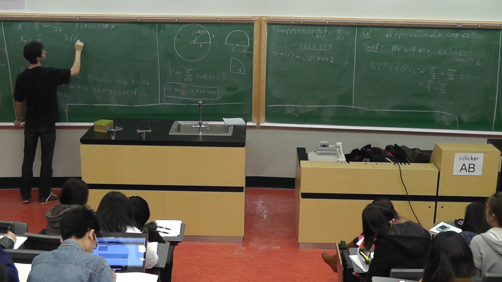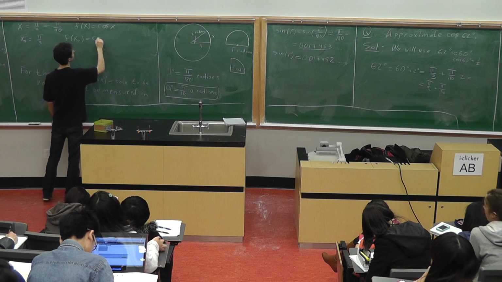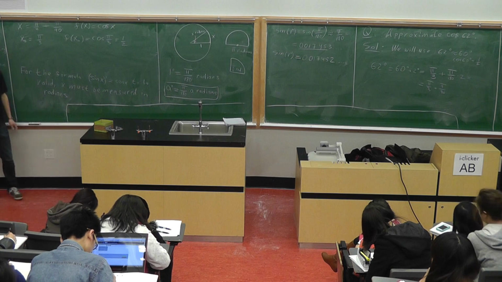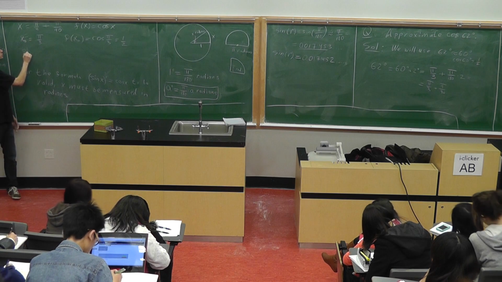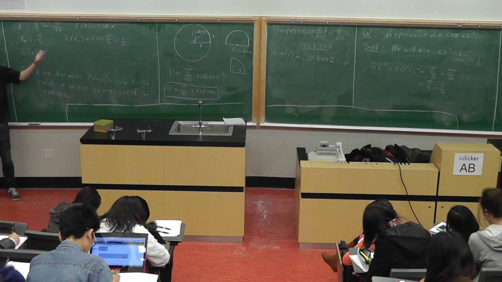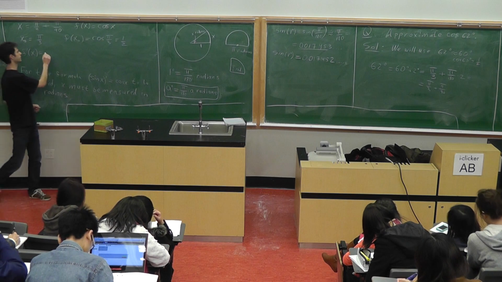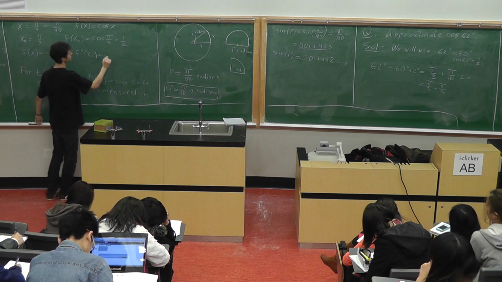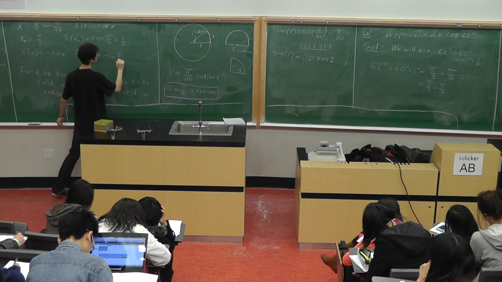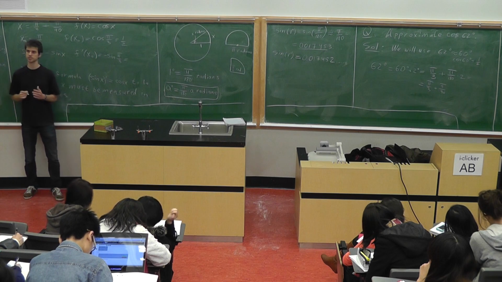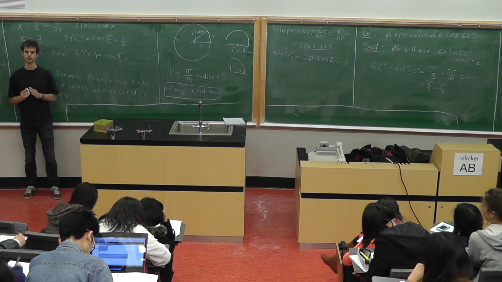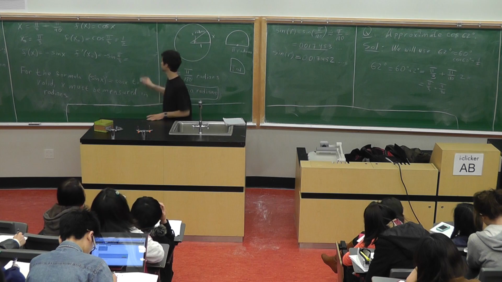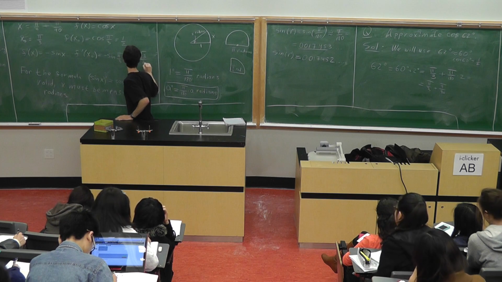F of x naught is cosine of pi by 3, which we found out to be 1/2. Next, the derivative. Derivative of cosine is minus sine. So the derivative at the point x naught is minus sine of pi by 3, which is, what is minus sine of pi by 3? So it's minus the root of 3 by 2.